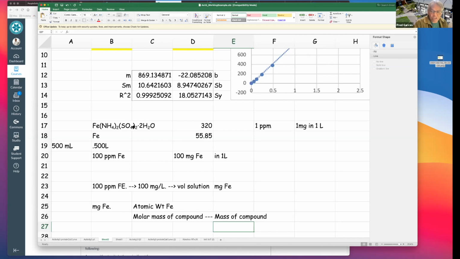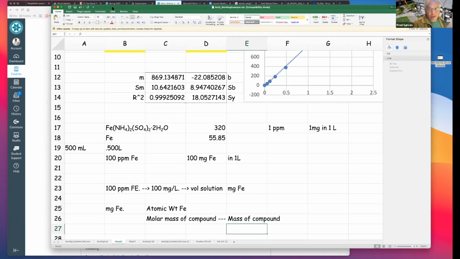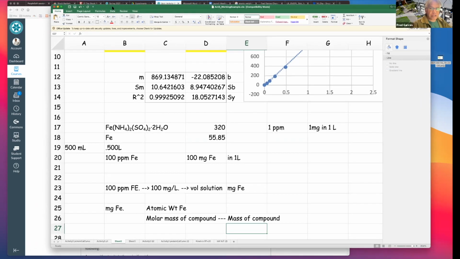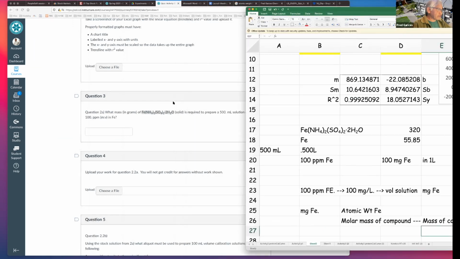That's the sequence that you would use via dimensional analysis. Okay, so that right there is, again, concentration conversion. You need to know how to do concentration conversion.